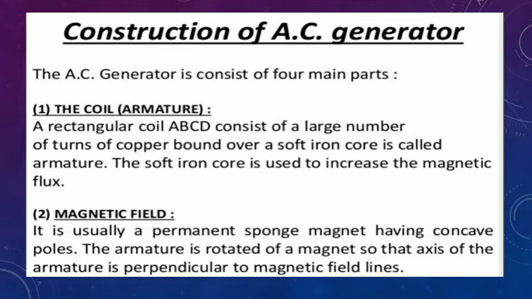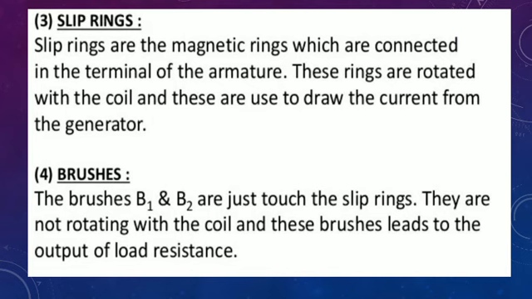Okay students, and the third one is slip rings. Slip rings are the metallic rings which are connected to the terminals of the armature, that is coil winding.